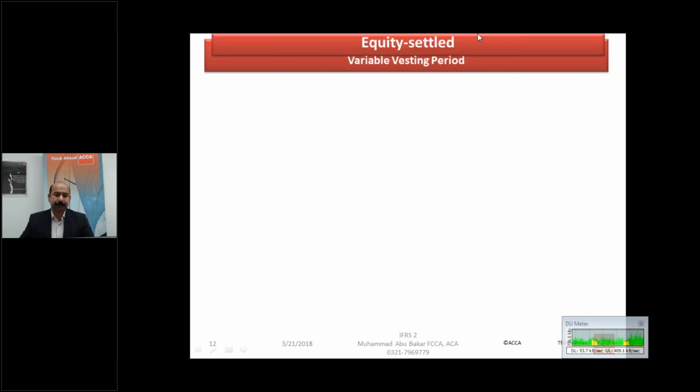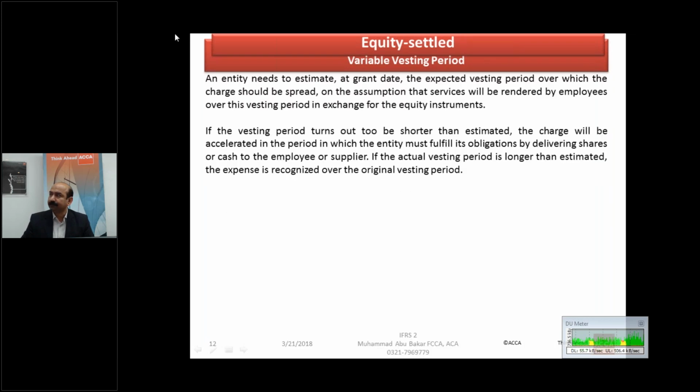Vesting period. In this first illustration, we have seen that vesting period was fixed, that is 3 years.